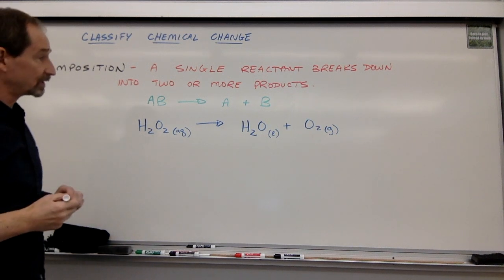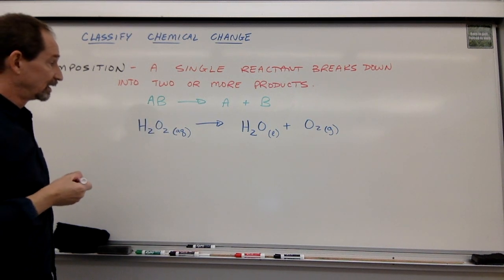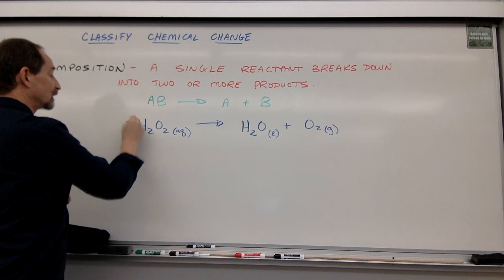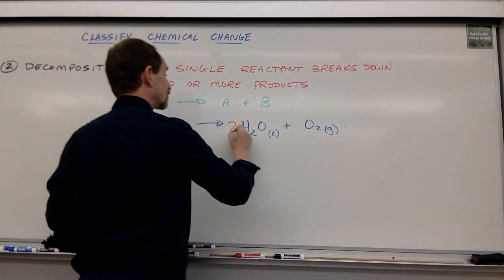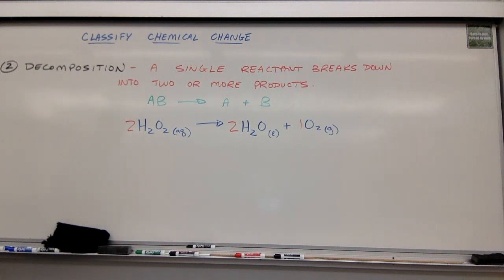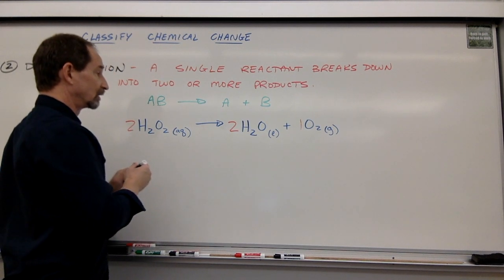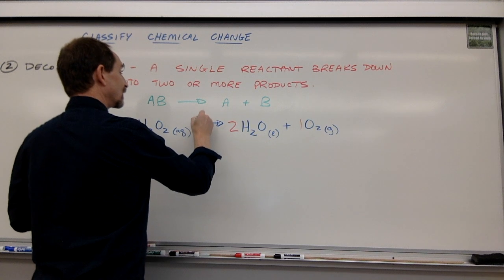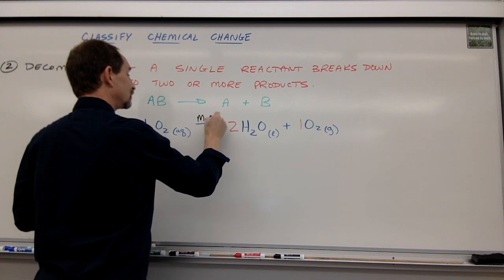To balance this, I have 2 hydrogen peroxides, 2 waters, and 1 oxygen gas. That will happen spontaneously over time, just sitting in your medicine cabinet at home. However, it goes a lot faster if we put in a catalyst such as manganese 4 oxide.